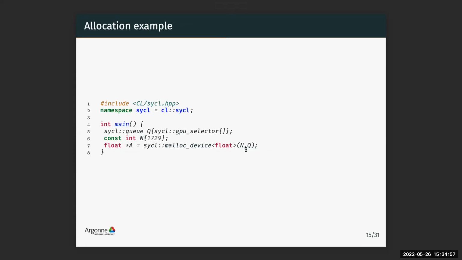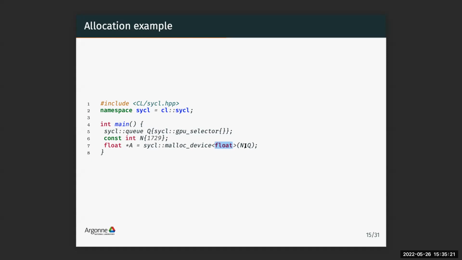Here is an example. I create a queue. I say I want a GPU, just because I'm paranoid and I don't know what the runtime will choose for me. By default it is a GPU, but I don't know. Let's say I want to be super portable and my code should only run on a GPU. So I pass a GPU selector, and then I just malloc device. You see, you have a nice overload.